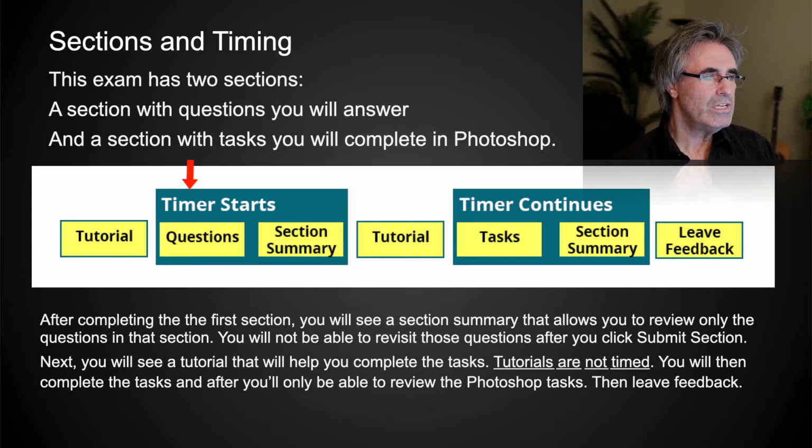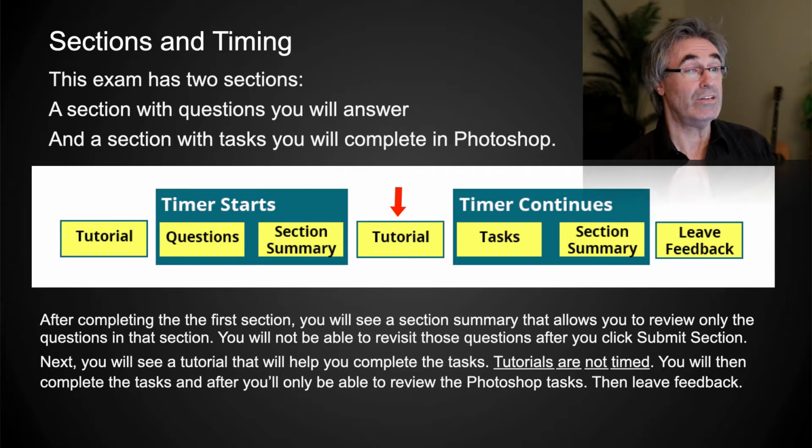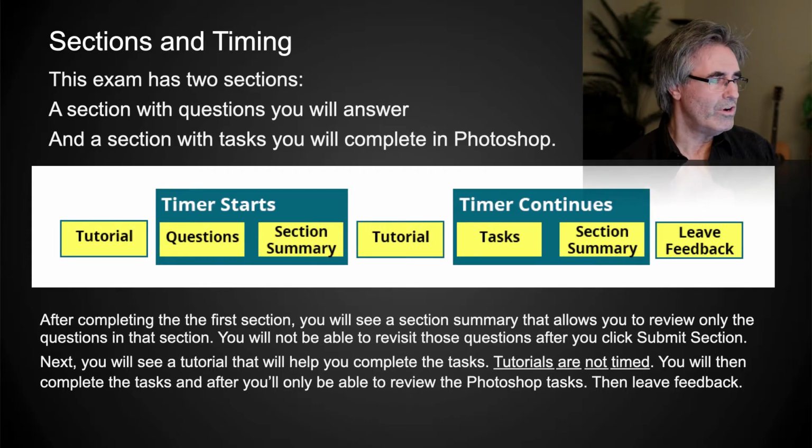Then you get the questions and then there'll be a section summary. Then the timer will stop. You read the second tutorial about how to take the second part of the test, the tasks section. And then that starts, section summary, and then requires you to leave feedback at the very end before it gives you your score.